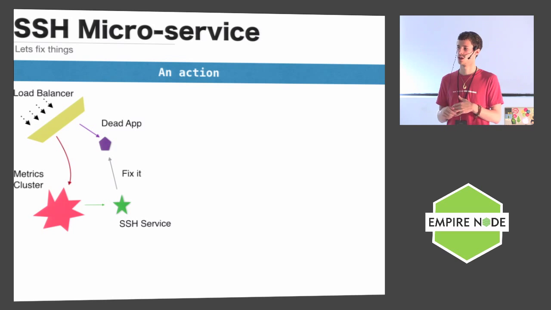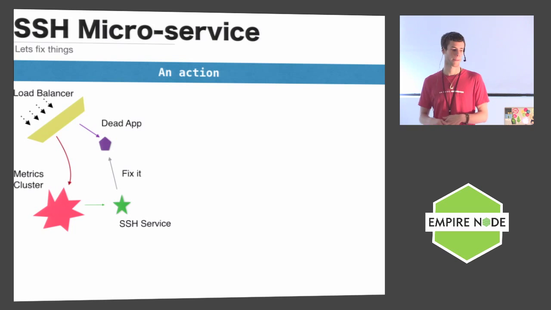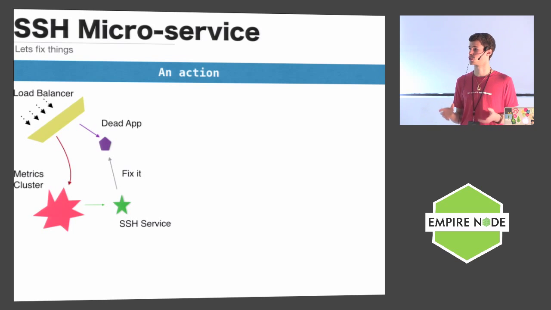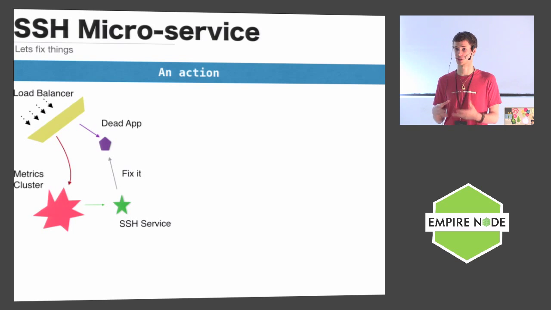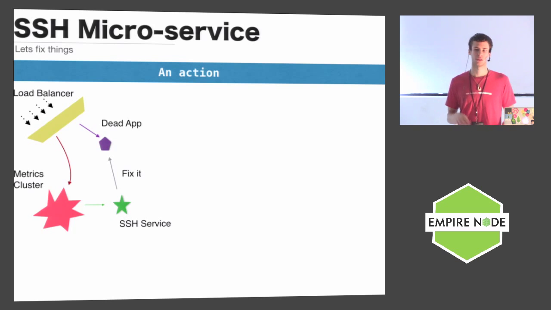Many of our users might be new to Node, they might not know exactly what they're doing yet, but they're trying, and a lot of them just build products. But a lot of times you run into applications that have a memory leak or start acting in a non-deterministic manner. So to handle these cases, I crafted this SSH service.